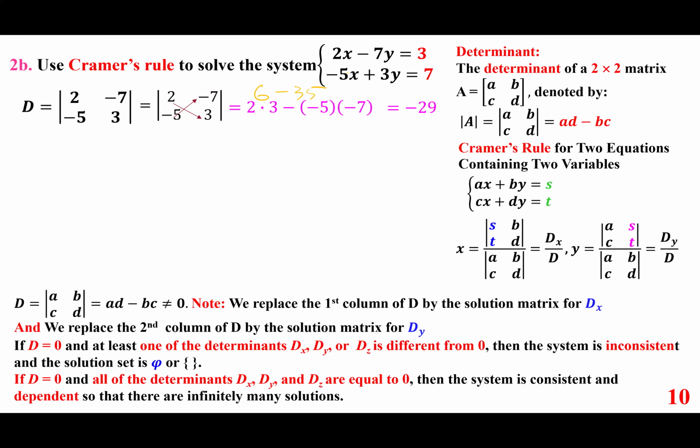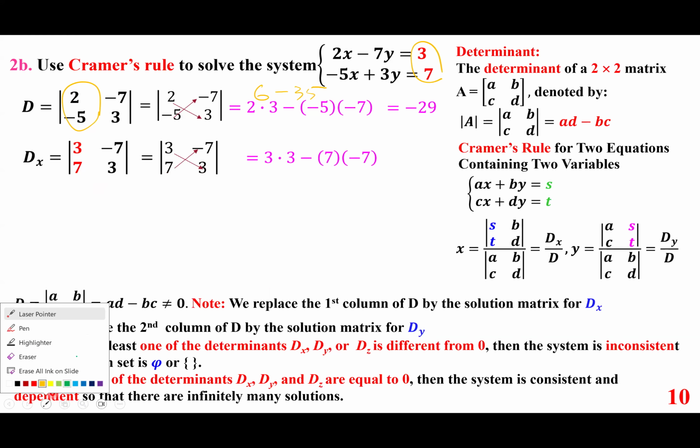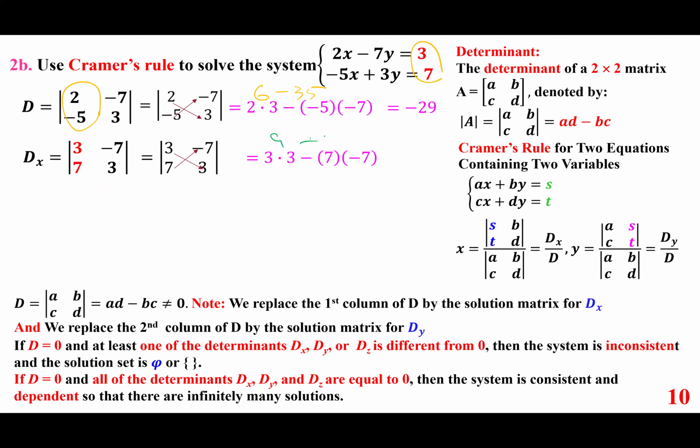Now, for D sub X, we're going to replace this with this. So let's put the cross product, 3 times 3 minus 7 times negative 7. 9 and 49 add up to 58.